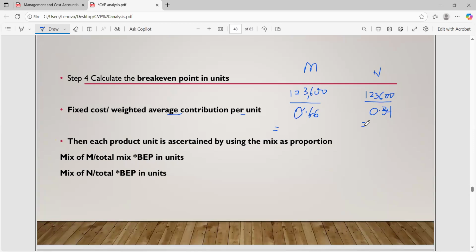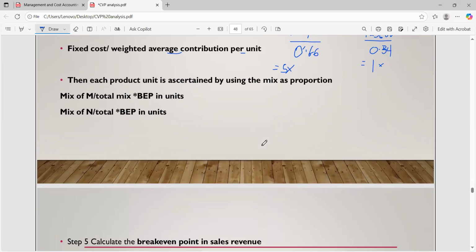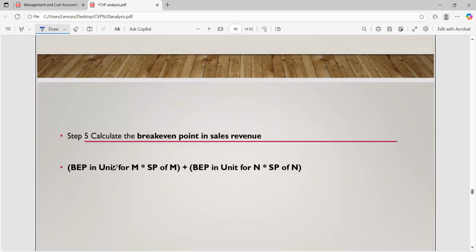Whatever you have as an answer, you multiply it by their contribution mix, which is the 5 and 1. 5 units, 1 unit. Then you get your break-even in terms of units and in terms of revenue. So this one will be multiplied by the selling price of each of the items.